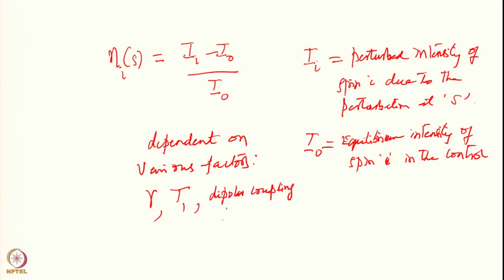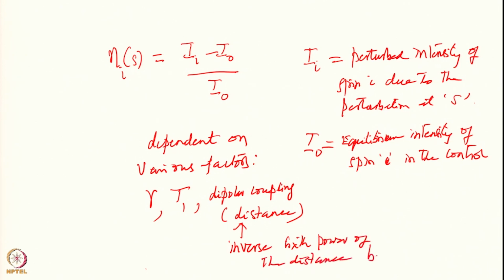Dipolar coupling means distance. So the dipolar coupling is proportional to inverse cube of the distance, so the NOE is proportional to inverse sixth power of the distance.